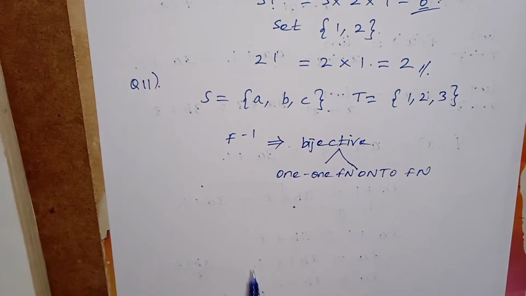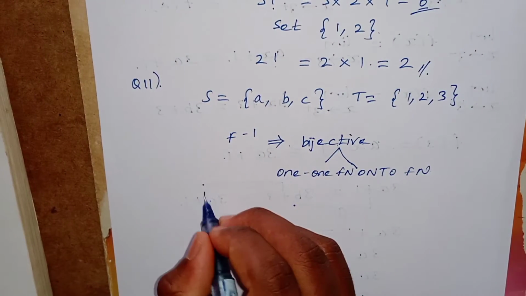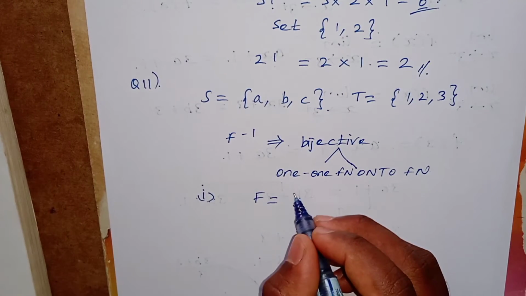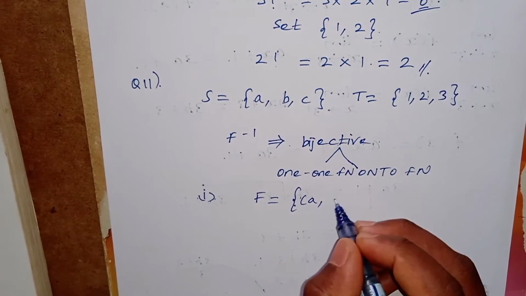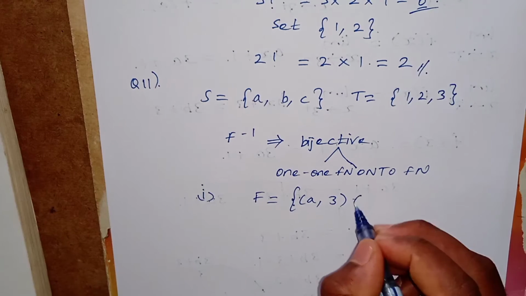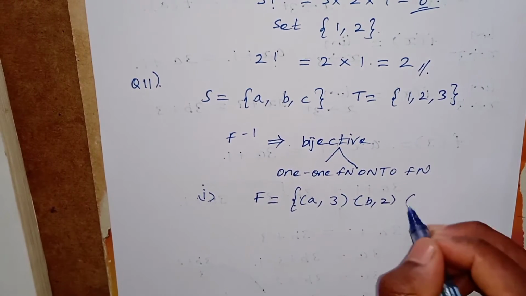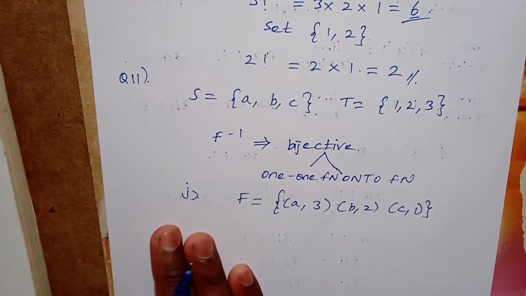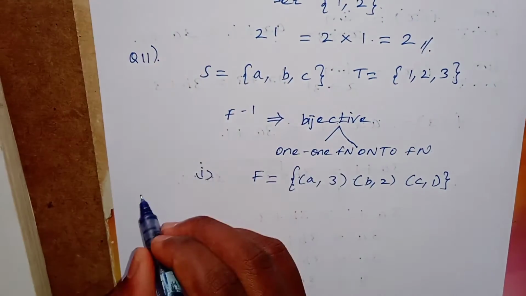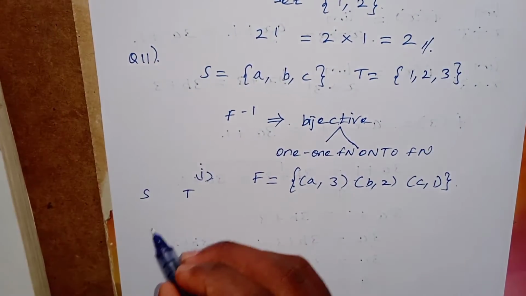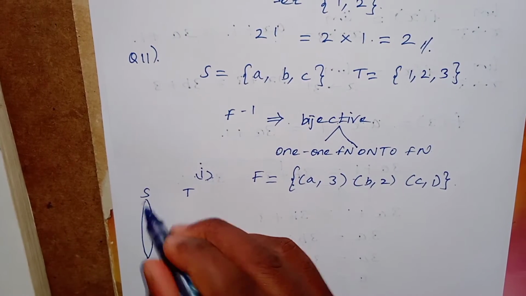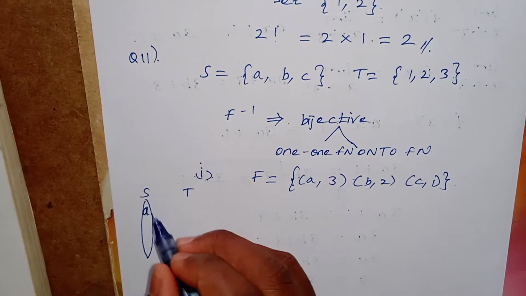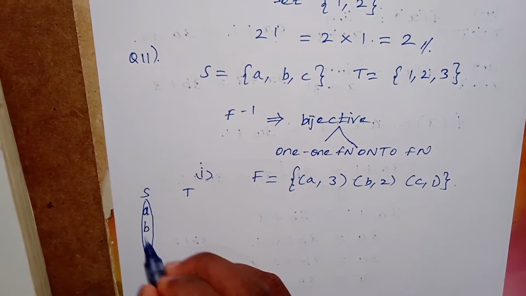Okay, let us check. For subdivision 1, my function f is equal to {(a, 3), (b, 2), (c, 1)}. Therefore my sets S and T: for S, here a, b, c.